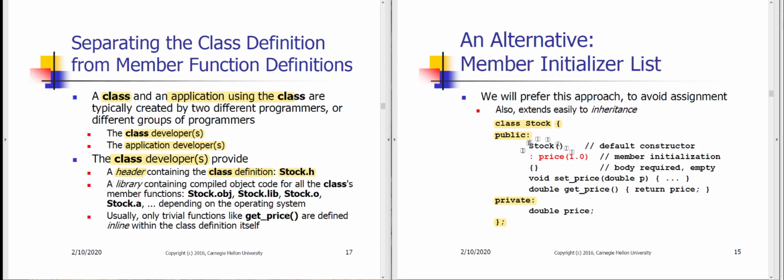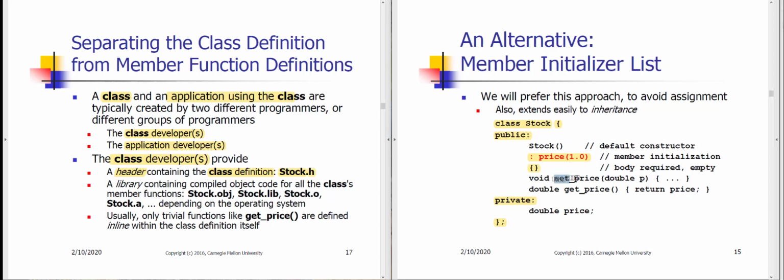In the examples that we've been looking at so far for this stock class, we've provided full definitions of each of these member functions. So we have our default constructor for the stock class with its member initialization list and body of code, although in this case the body is empty.